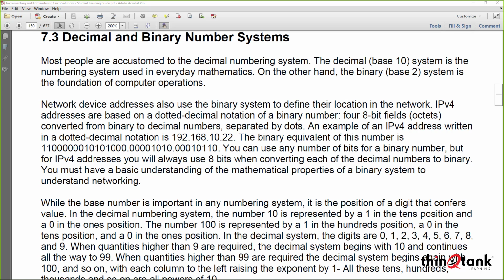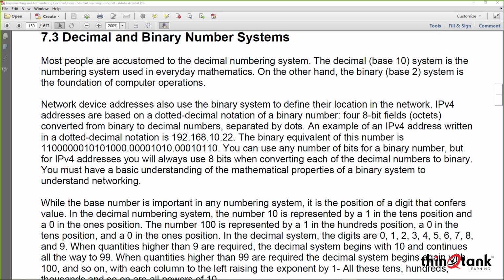So one of the things, obviously, that you're going to have to be somewhat familiar with, and we did a little bit of discussion about this yesterday, is the relationship between decimal notation, for IPv4 at least, and binary notation, right? We know that we write our IPv4 addresses in dotted decimal format.